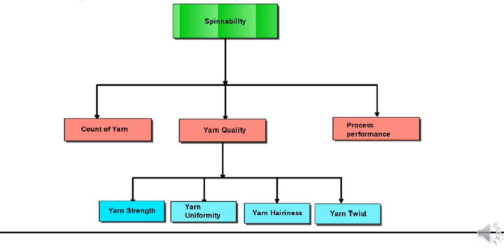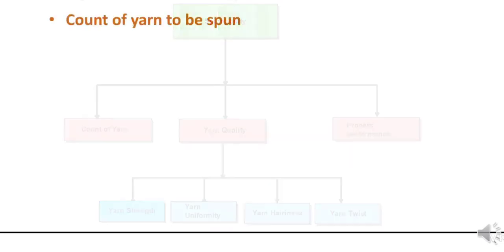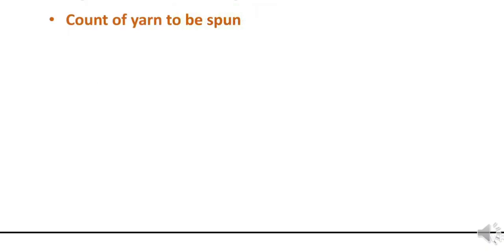You can predict about quality of yarn with the length of the fiber. You can set your process based on this parameter. So let us discuss this in detail. Count to be spun. The first factor which is decided by length of the fiber.